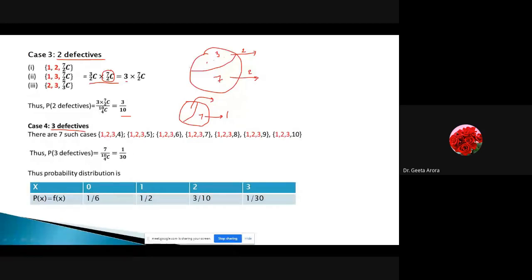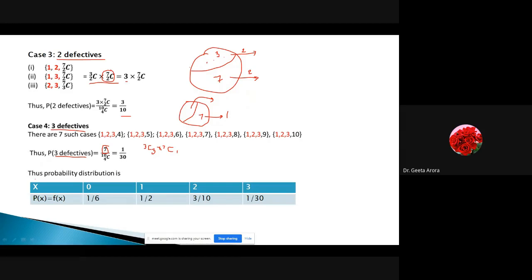If they are numbered from 1 to 10, obviously the value could be 4, 5, 6, 7, 8, 9 or 10. Correct? So the probability of getting all 3 defective, the numerator part can be written as 3C3 into 7C1. So we are getting the value as 7, which is the numerator part. And if I divide it by 10C4, finally we are getting the value 1 by 30.